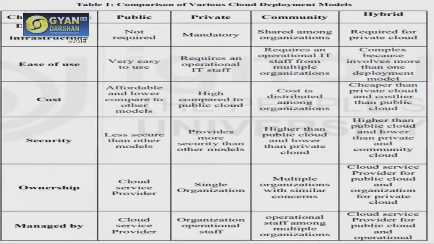So security is on the lower side in the public cloud, but because we have a dedicated infrastructure, dedicated staff, and on-premise control over the data and the infrastructure, security is on the higher side in the private cloud. Thereafter, in the community cloud, security is on the higher side because the security is being shared by the multiple organizations, and in the hybrid cloud the security is on the moderate side.